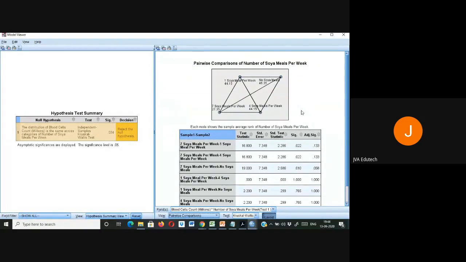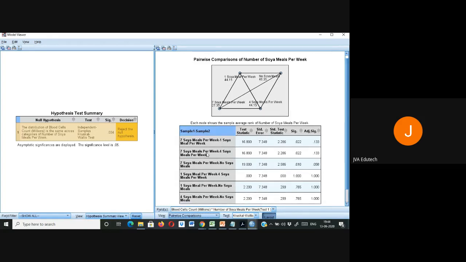Can anybody interpret these pair-wise comparisons? Which group is significantly different from which group? See this table and tell me whether there is a significant difference among the groups or not.